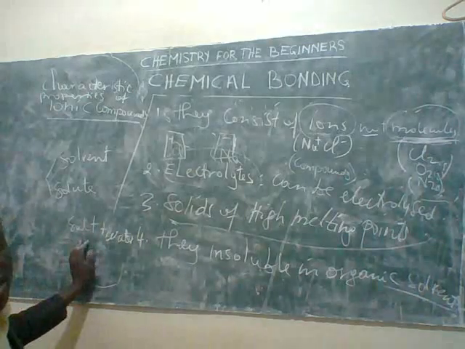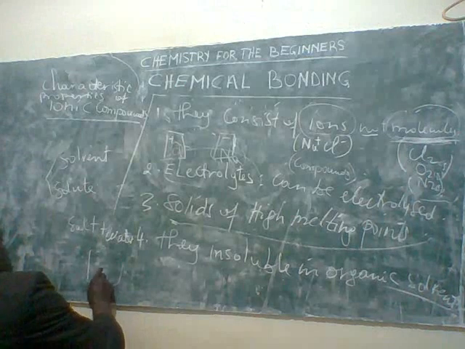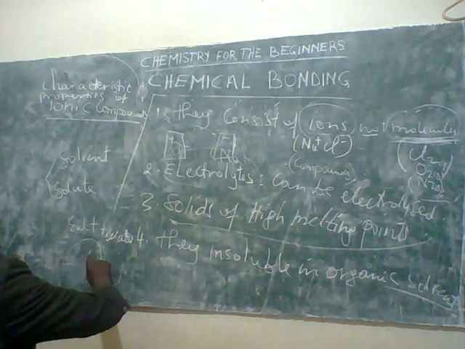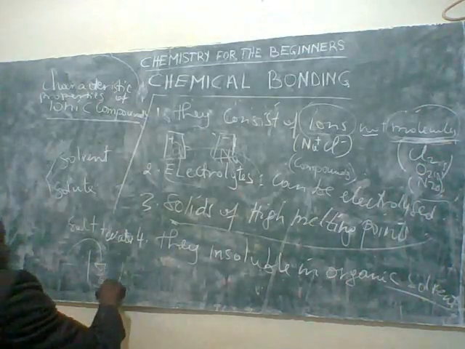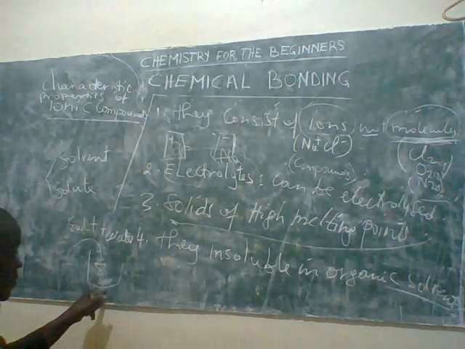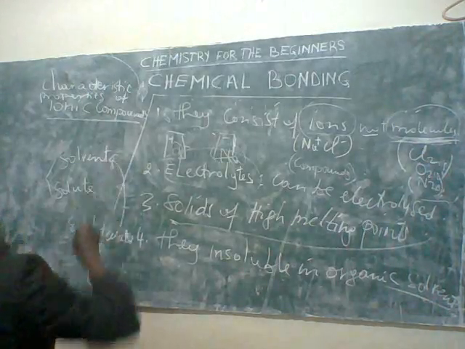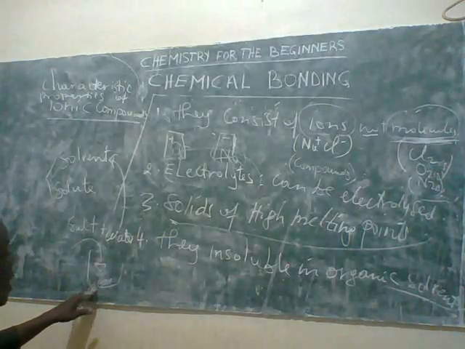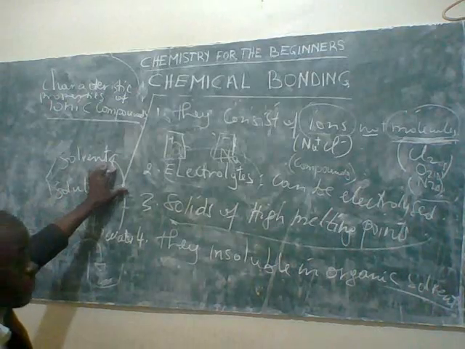If I want to mix salt and water, I put 2 cups of salt here, and then I put too much water, which means the one which makes the salt, it is what we call solvent. The one you use to mix something, some substances, it is always called the solvent.